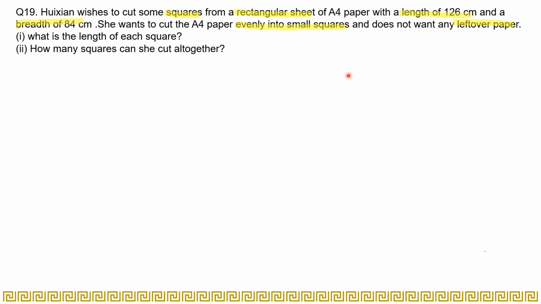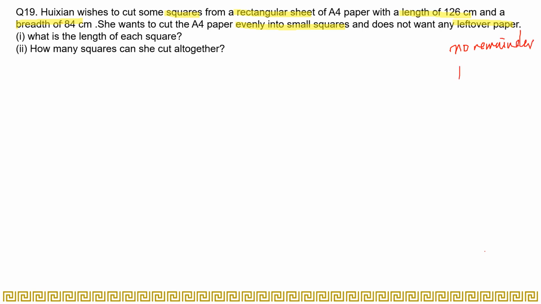You have to find the highest common factor of these two numbers, and in that way you will get the length of each square he is going to evenly cut, right? By any leftover paper in mathematics you mean no remainder, right? There should not be any remainder.